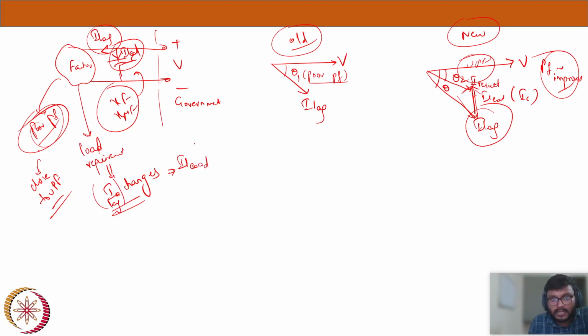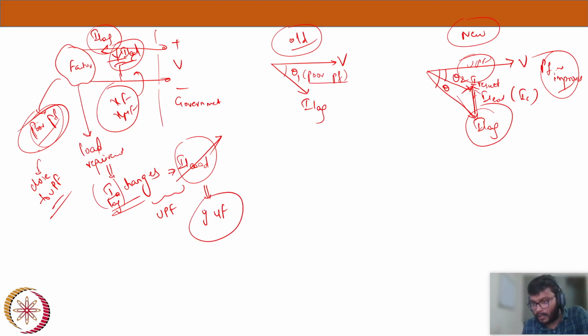So the leading current which you have to get from the capacitor to make it close to UPF, unity power factor, will also change. That will require a capacitance of another value, let's say 5 microfarad now. Whenever your load keeps on changing, you have to add another capacitor, remove it, add it. Every time you have to change the capacitor. That's the problem with adding this capacitor.